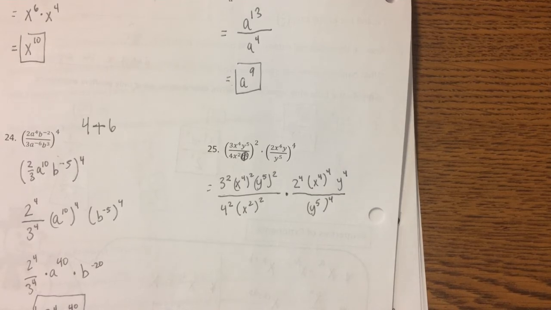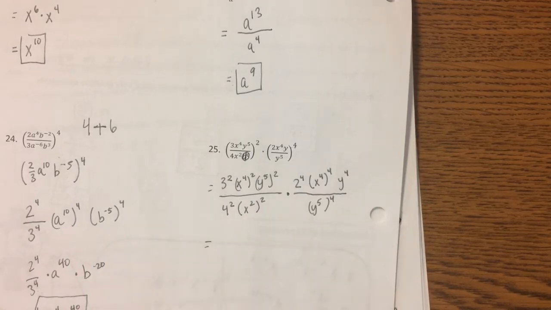The next thing I'm going to do is start multiplying the powers anywhere where I have a power to a power. I'm going to take care of that in the next step. I'm not going to try to simplify anything else yet, because I just want to use one property at a time so that I don't get lost.